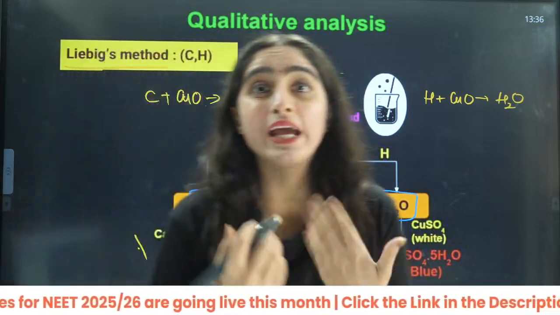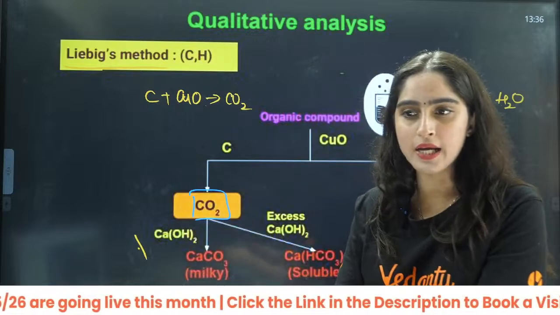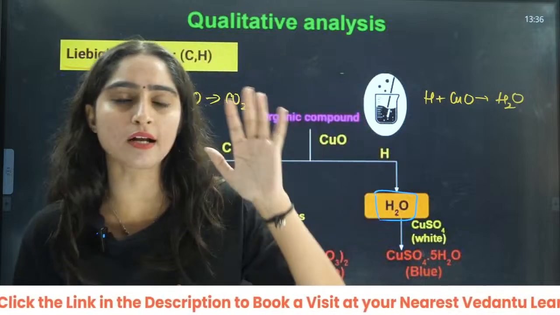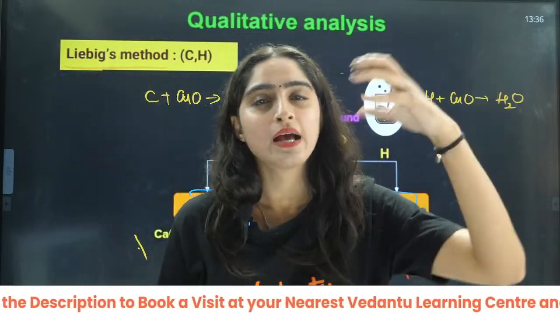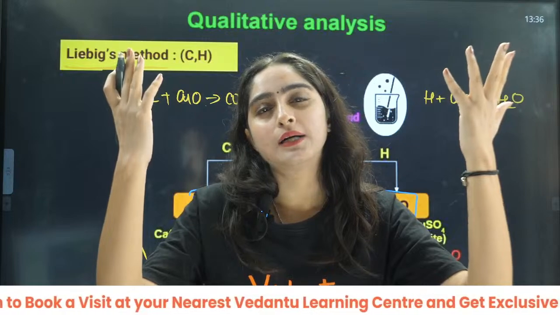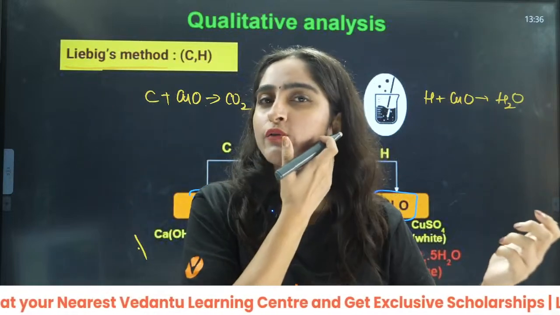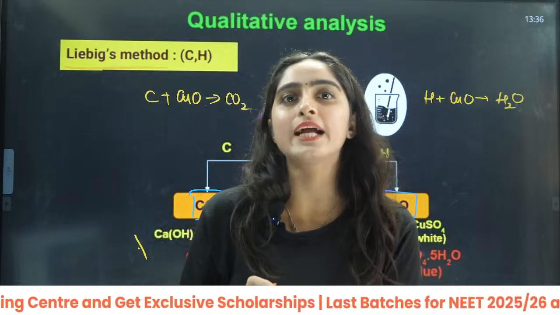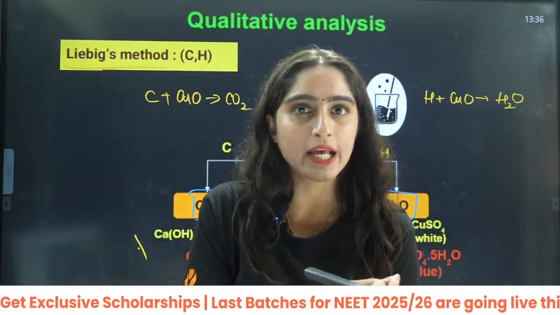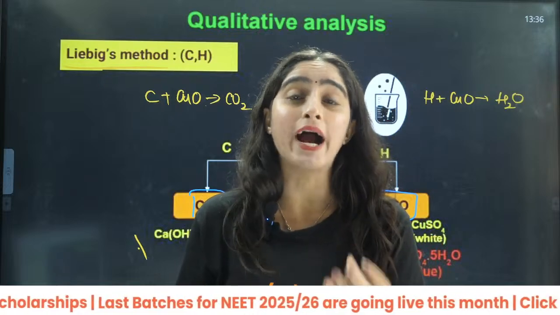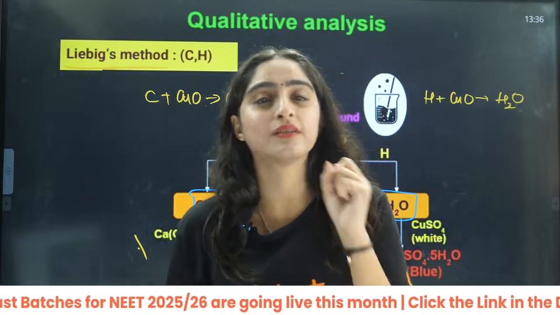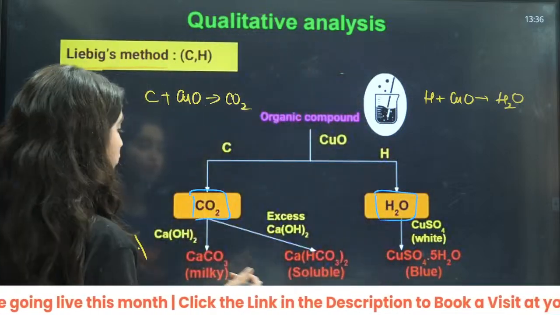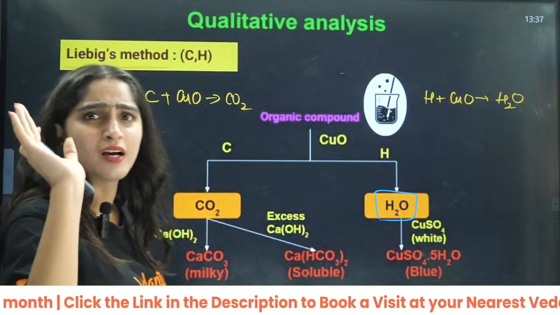Now, how will we identify that carbon dioxide and water have been formed here? The carbon dioxide test is a very general test that you used to do in lower classes also. You have quicklime, and with that slaked lime, Ca(OH)2. When you pass carbon dioxide into it, you get white precipitates of calcium carbonate, CaCO3. That is a very old process.